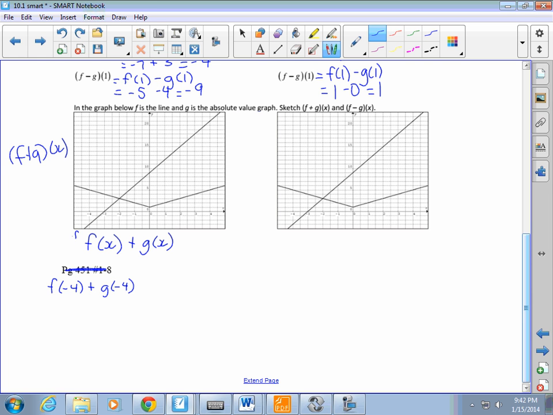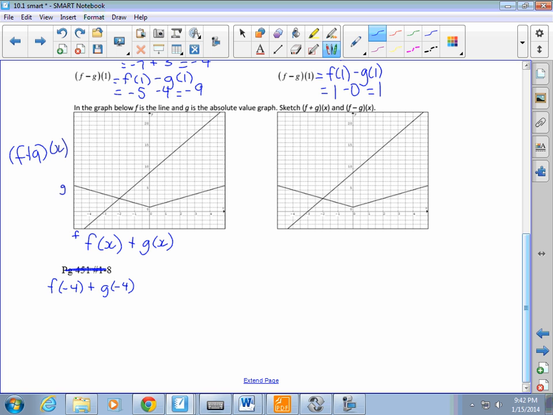So this is my f graph because that's the linear one, and this is my g graph because that's the absolute value graph. So at negative 4, my y value is 1, 2, 3.